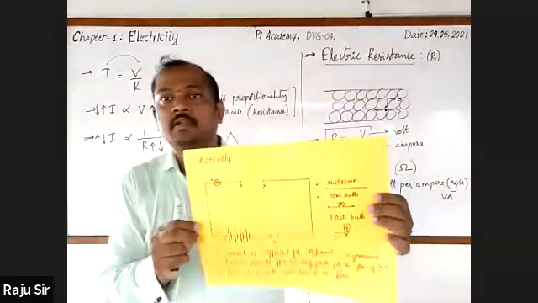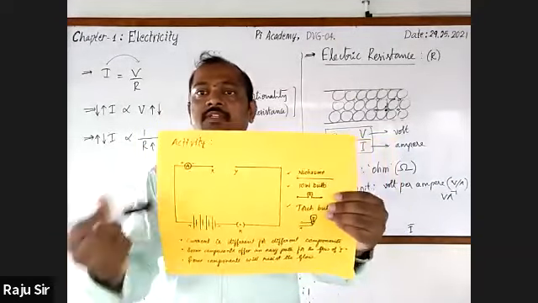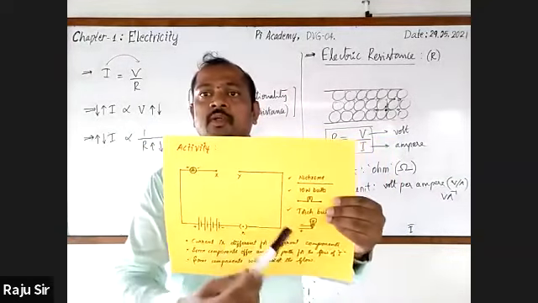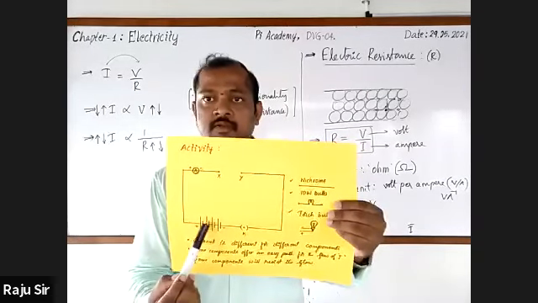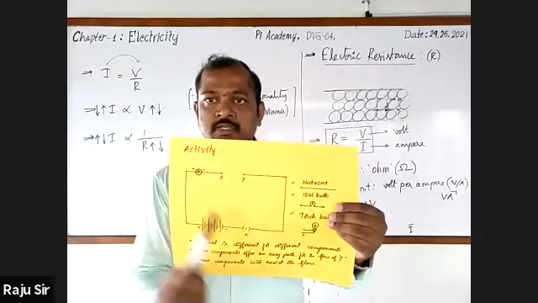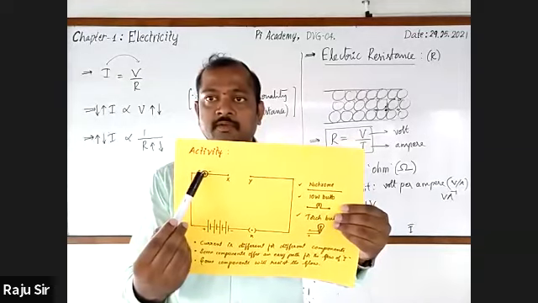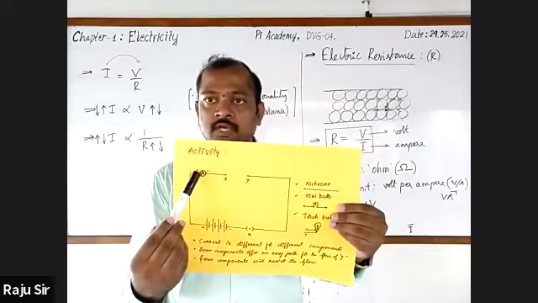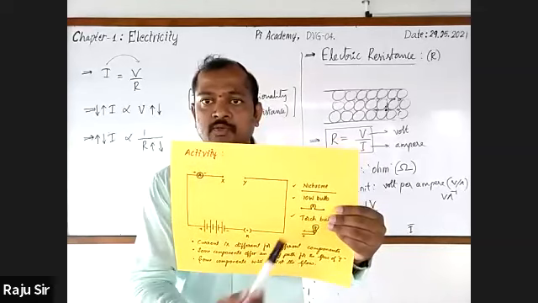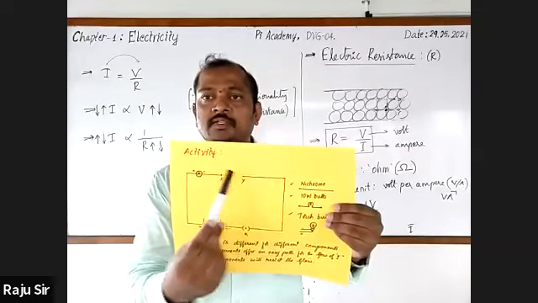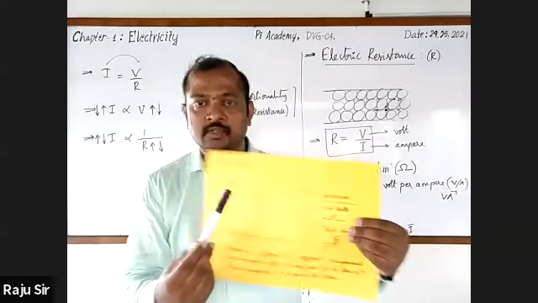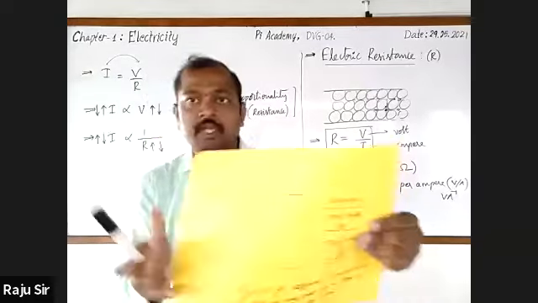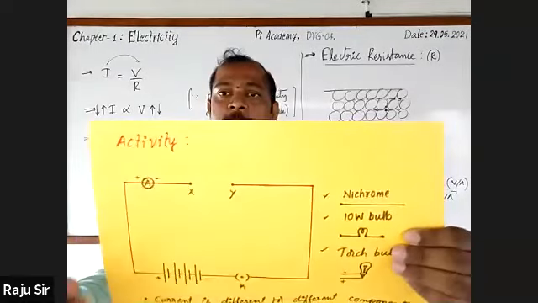Here we have a chart. In this chart, you can see that we have a simple circuit. This is the battery, this is the switch, and this is the ammeter. All these are connected by using connecting wire, that is nothing but a conductor. And there is a gap, which you can notice, named XY.